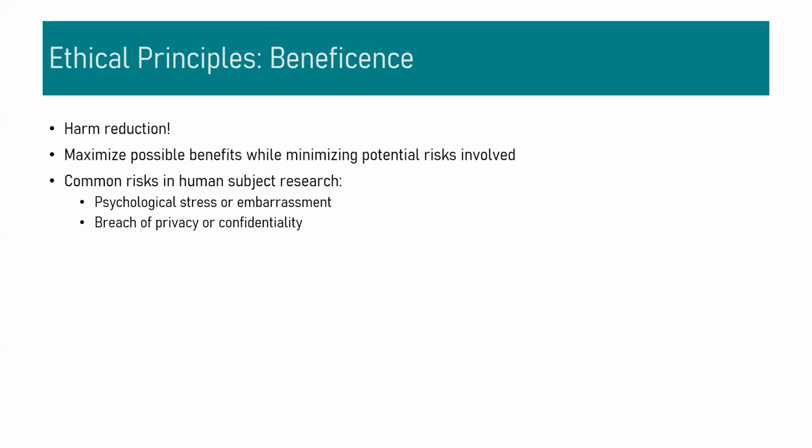We'll go a little bit more into how we apply beneficence in the IRB later. But as a little preview, some of the most common risks in human subjects research are psychological stress or embarrassment, or a breach of privacy or confidentiality. And we'll get into both of those things later.